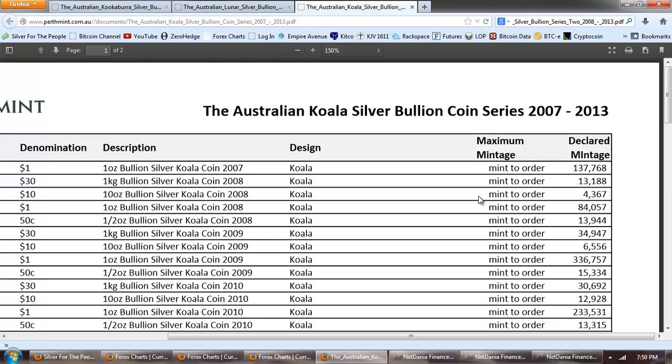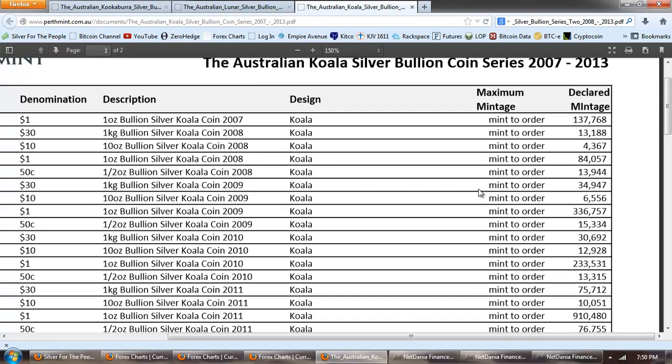I love the Koalas. Now you have to keep in mind here with the Koalas that you have the half-ounce coin. So the Koala started in 2007. In that year, they did not have the other denominations. You just had that 1 ounce $1 coin, and you can see they did 137,000 of those in 2007.